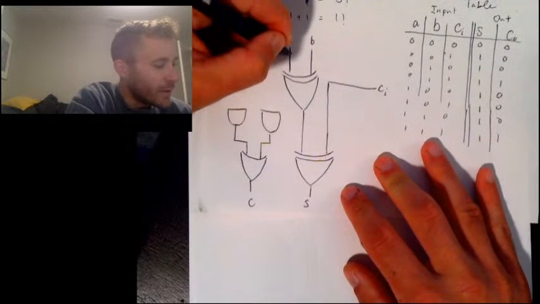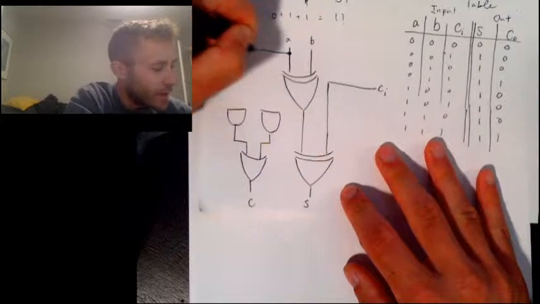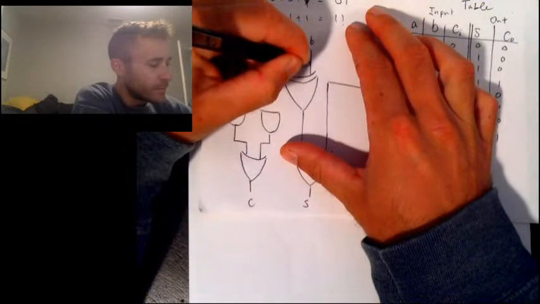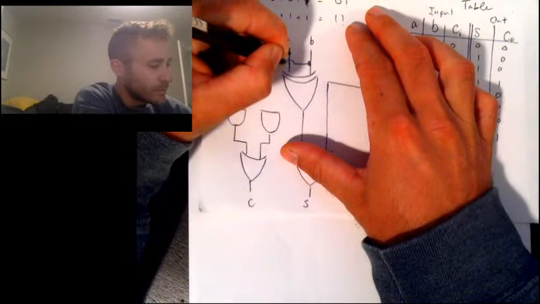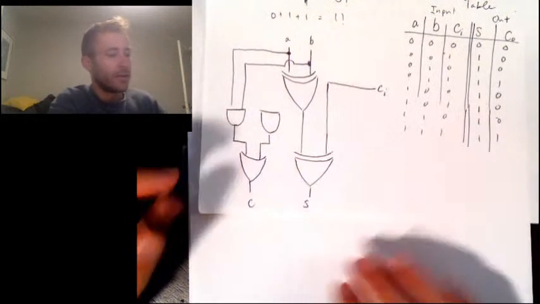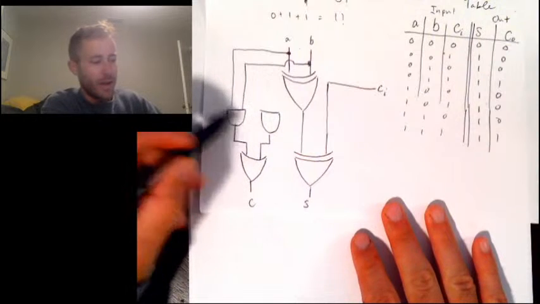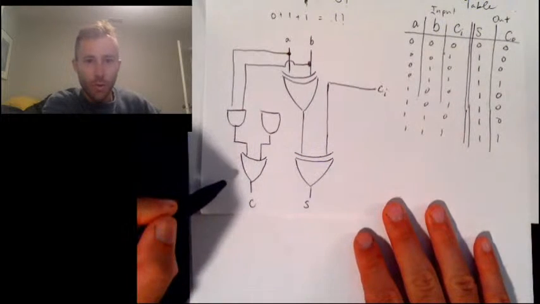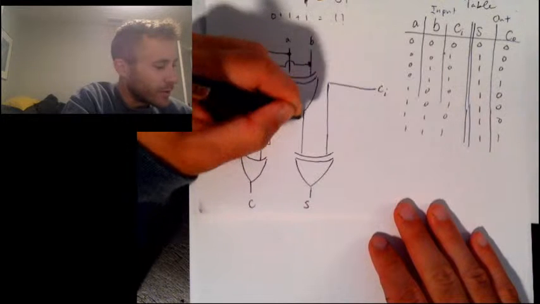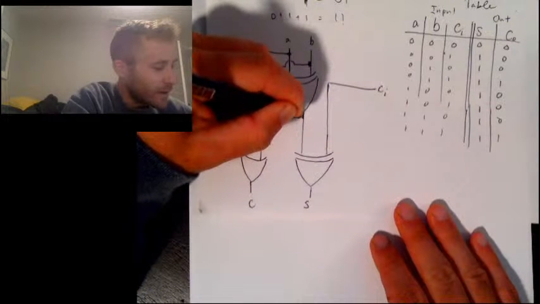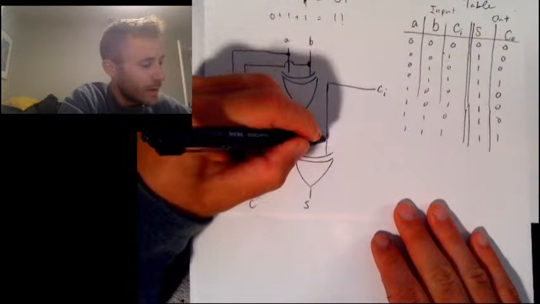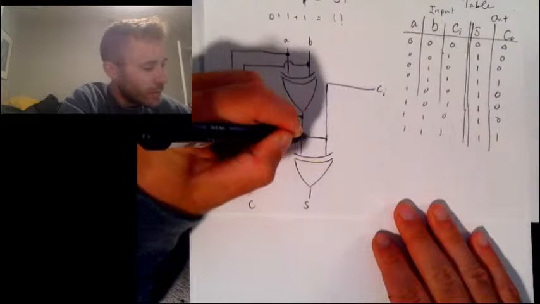One of the things that is ANDed is A and B. So we have A and B, which is OR'd with, it turns out, this one ANDed with the carry bit.